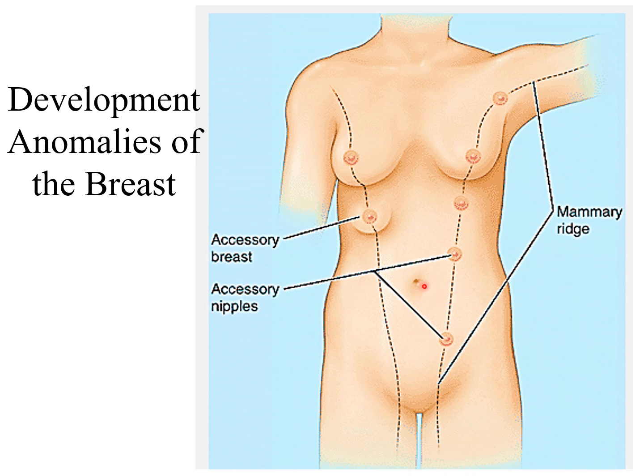As you can see in the line, there are many nipples present. These are known as accessory nipples. If this line persists, nipples can form in this area from the axillary till the inguinal region.